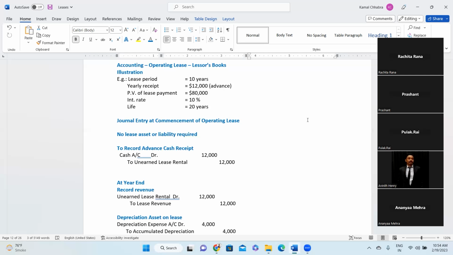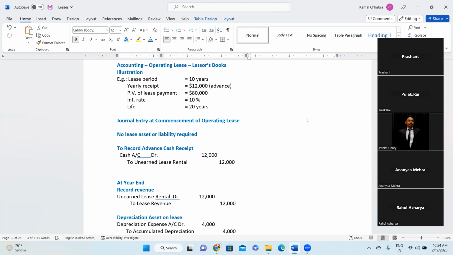If you are receiving the advance but you have not provided the services or product yet, then this is your unearned income. Is it your liability? Make sense? If you are receiving any money in advance, so advance from customer, is it liability or is it income? It's a liability, but we are not required to recognize any lease liability.